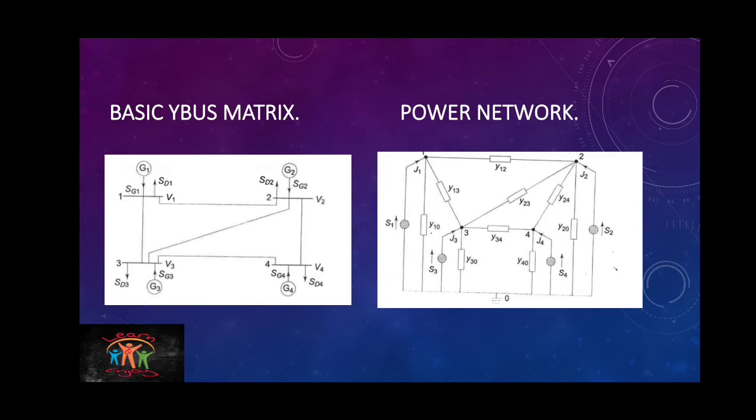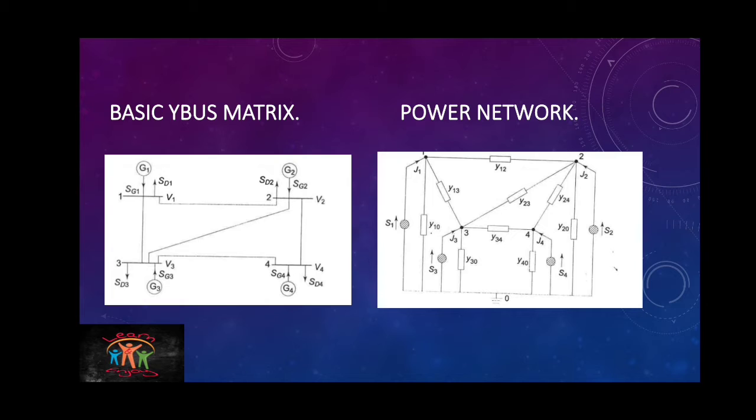So now the power network, you can see the power network. I draw the power network. If we take node 1, we can see here there is a y10. We take a reference bus 0.